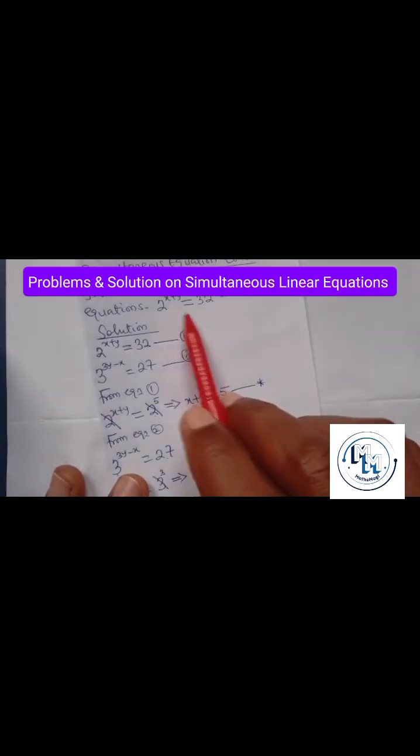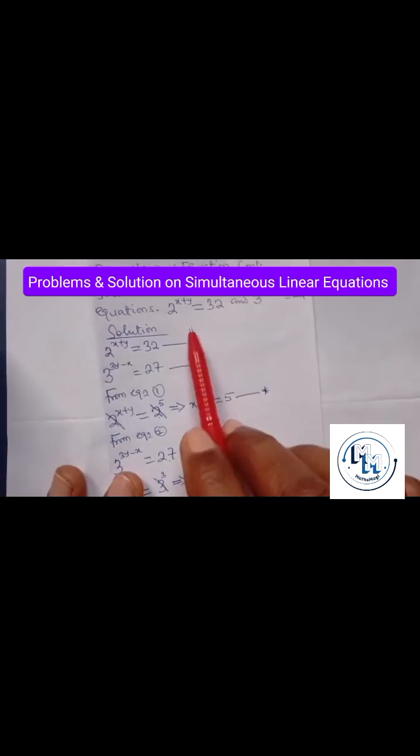Therefore x is equal to 5 minus 2. x is 3. Therefore x is equal to 3 and y is equal to 2. Those are the values of x and y in these two equations.